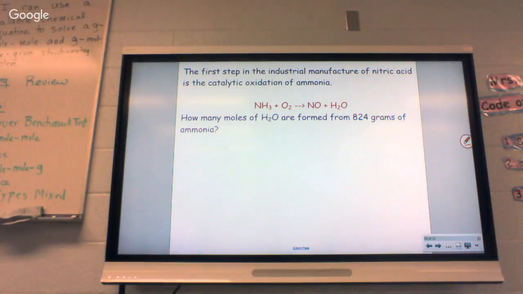We're all done, right? Burgundy or maroon if you will. Go ahead and start, please. Balance the equation. So we're going back.